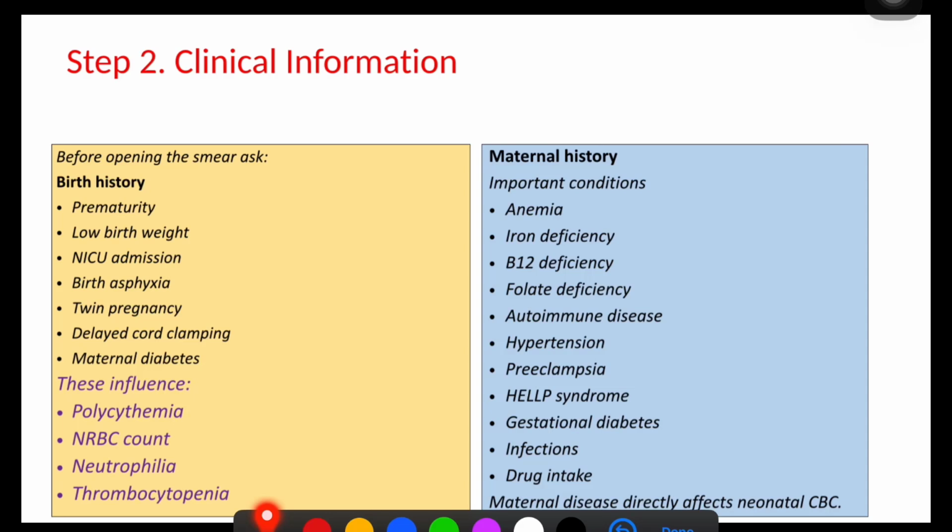Maternal history is important. You have to rule out anemia, iron deficiency, B12 deficiency, folate deficiency, autoimmune disease, hypertension, preeclampsia, HELLP syndrome, gestational diabetes, any infection, or drug intake, because these conditions directly affect the neonatal CBC.